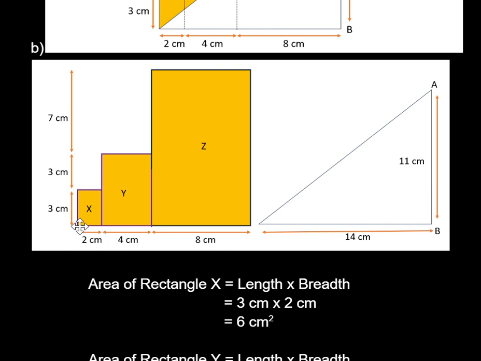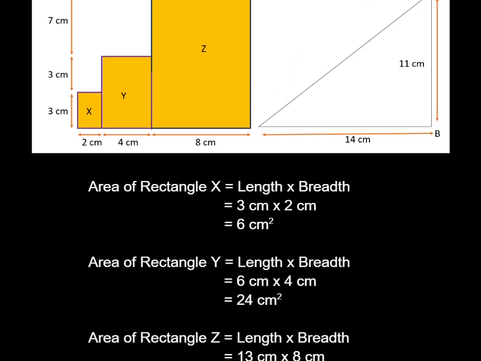I simply call these X, Y, and Z, to give them names. The area of rectangle X is length times breadth, so it's 3 centimeters times 2 centimeters, which is 6. Area of rectangle Y is 6 times 4. If your kid is doing this, remember this is not 3. Don't take it as 3. You need to have 3 plus 3 because you are looking at the total length here.